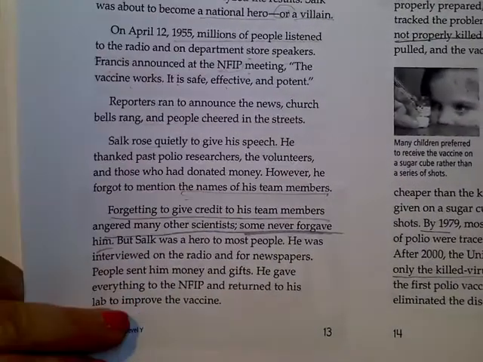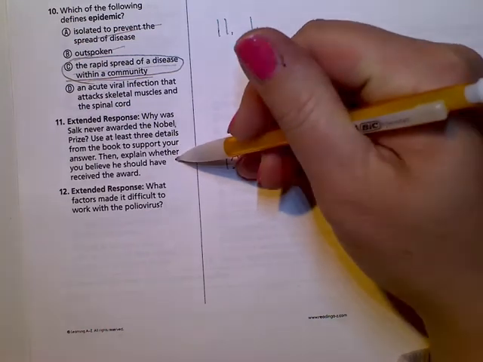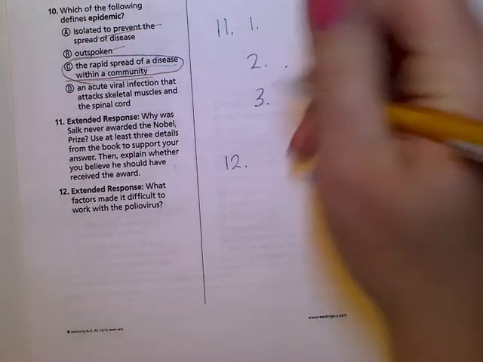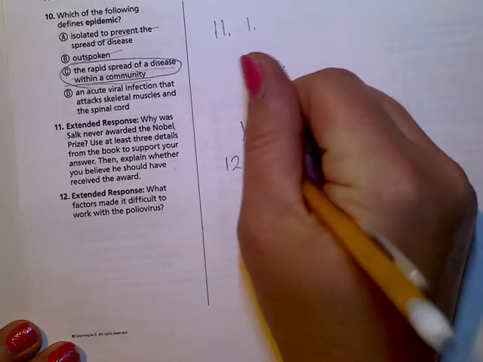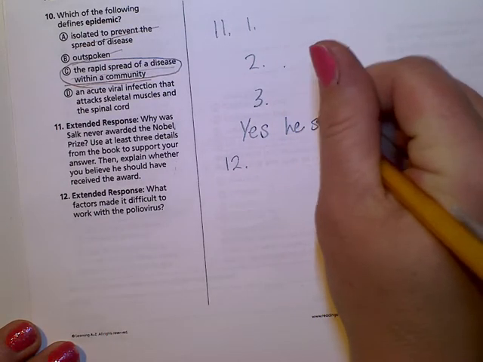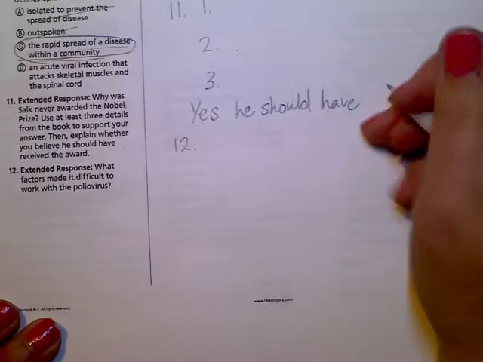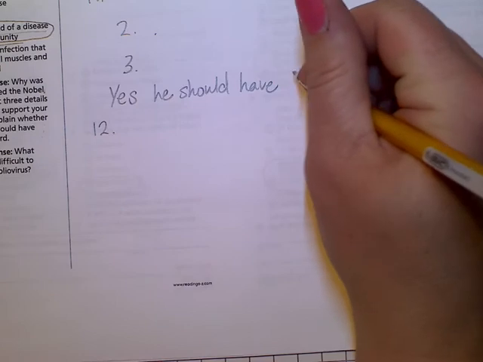I don't really know about that. Unless he was getting tons of money from it. It didn't sound like he was. So it says at least 3 details from the book to support your answer. Then explain whether or not you believe he should have received the award. Yes, he should have gotten the award. Yes, he should have. Because we use the method today.